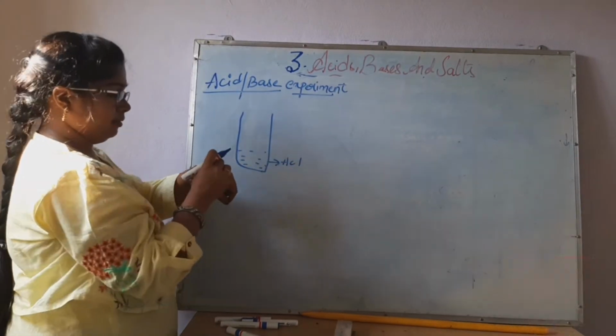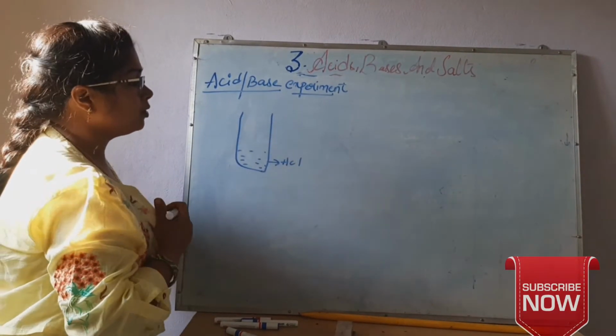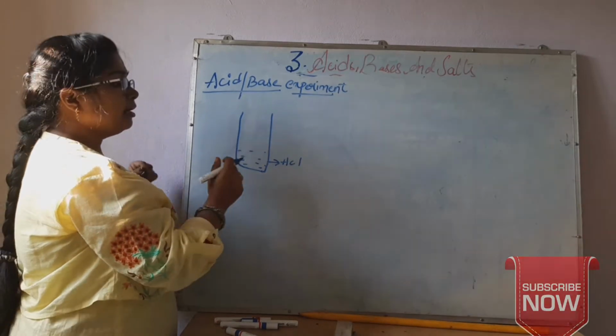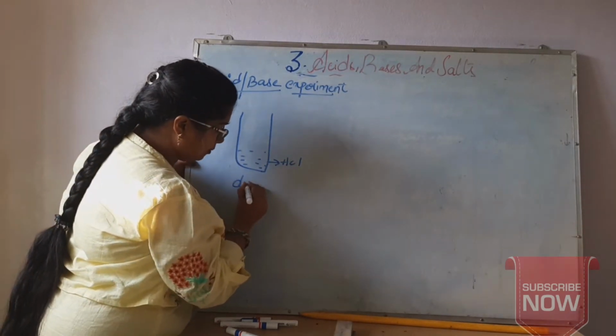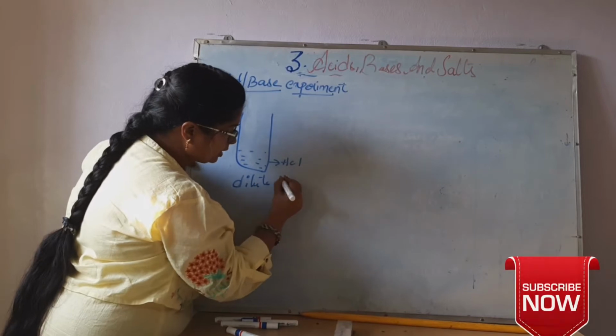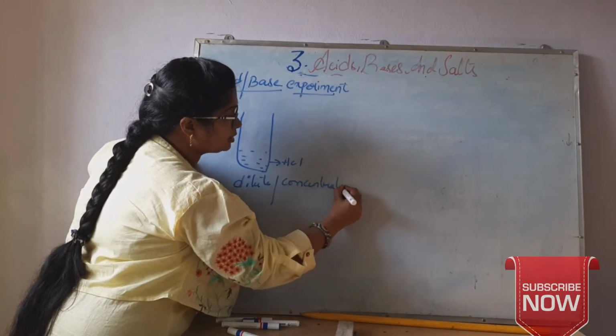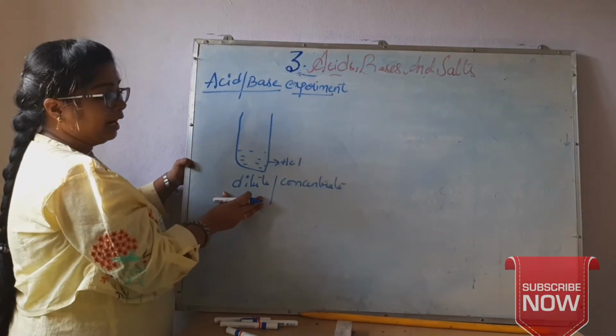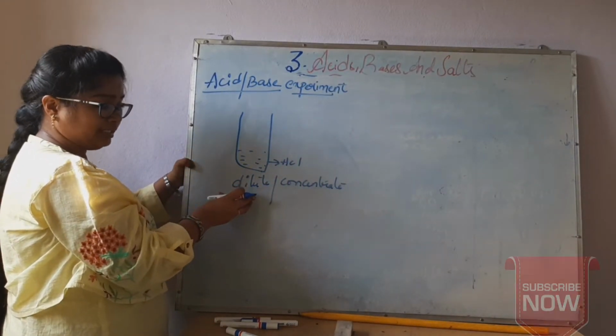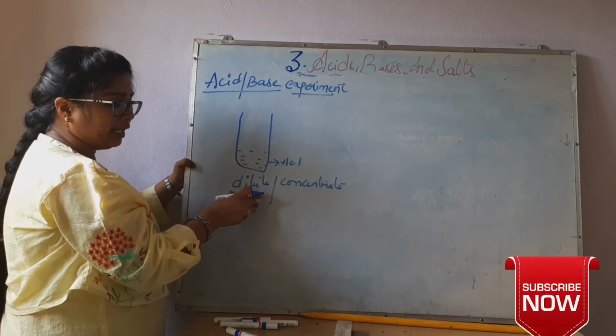It will tear your skin also. So to make that HCl acid dilute... What do we mean by dilute and concentrated? If you add water to it and reduce its concentration, then it is said to be dilute.